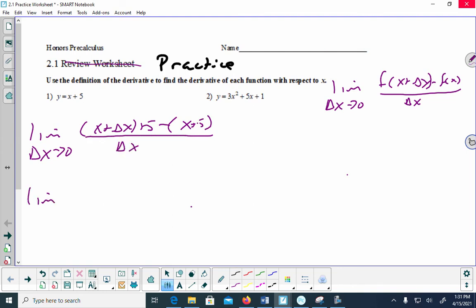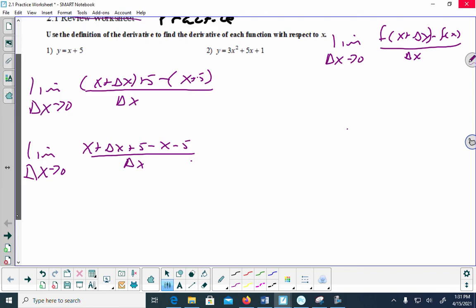Still taking the limit as delta x approaches 0, and this will be x plus delta x plus 5, distributing the negative sign, all over delta x. Still taking the limit as delta x approaches 0. Here the x and the x will equal 0, the 5 and the 5 is equal to 0, and the delta x is simplified. So I had delta x over delta x, which simplifies to 1.